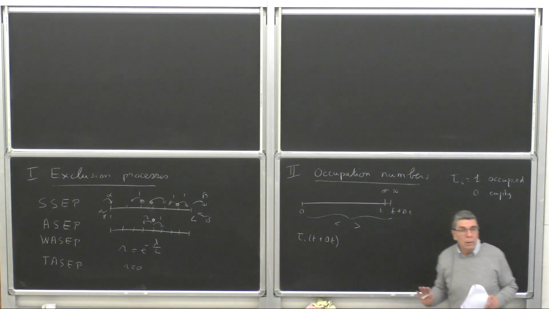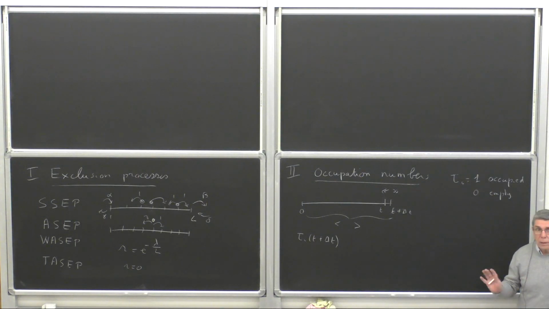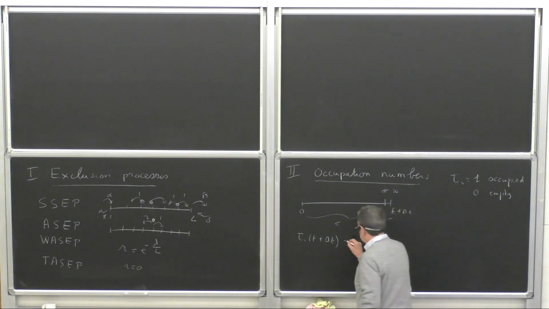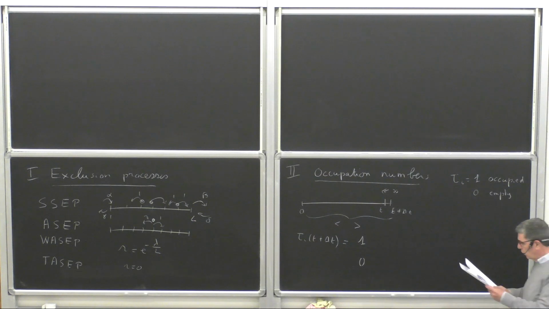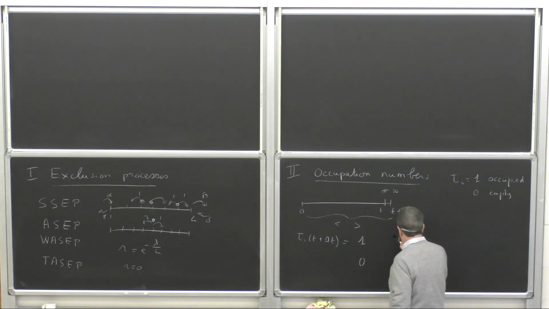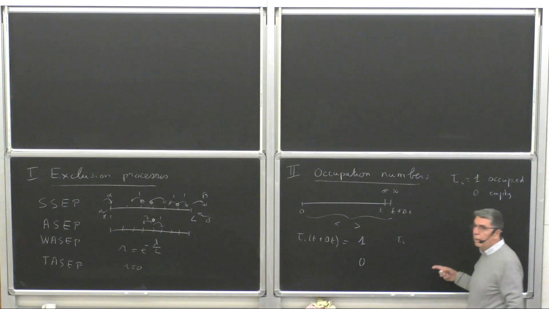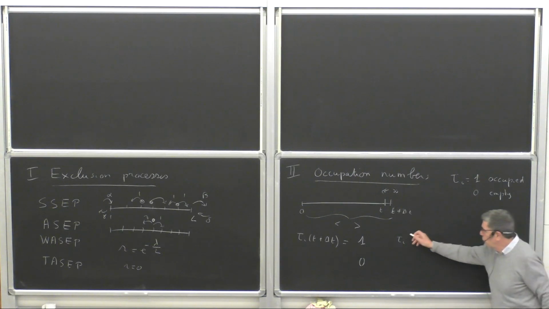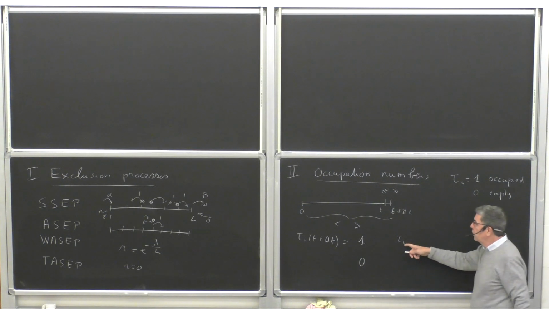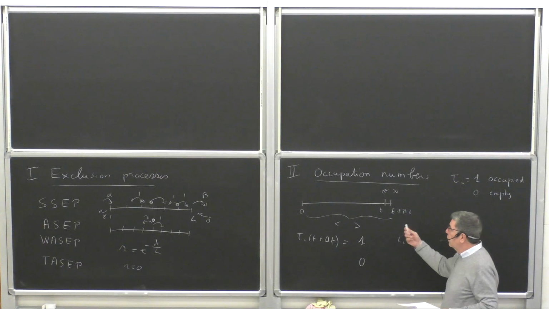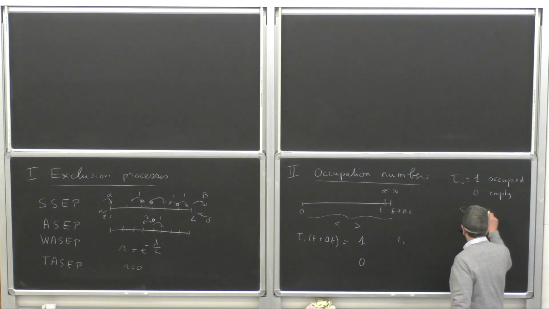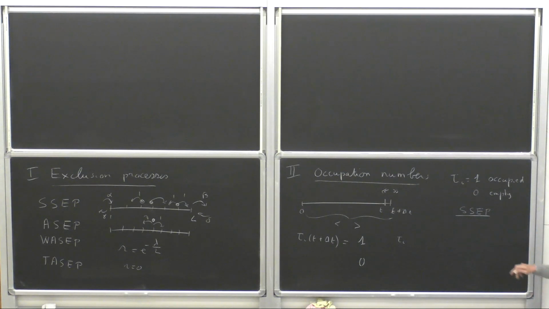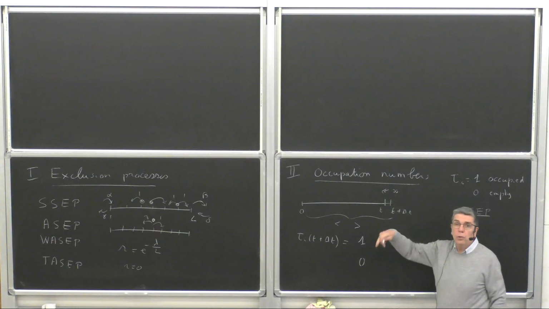Tau_i is known at time t, so there is no fluctuation. So tau_i at time t plus delta t is either 1 or 0. And how is it possible that it is 1? It is 1 if at time t it was occupied and the particle did not jump to one of its neighbors.